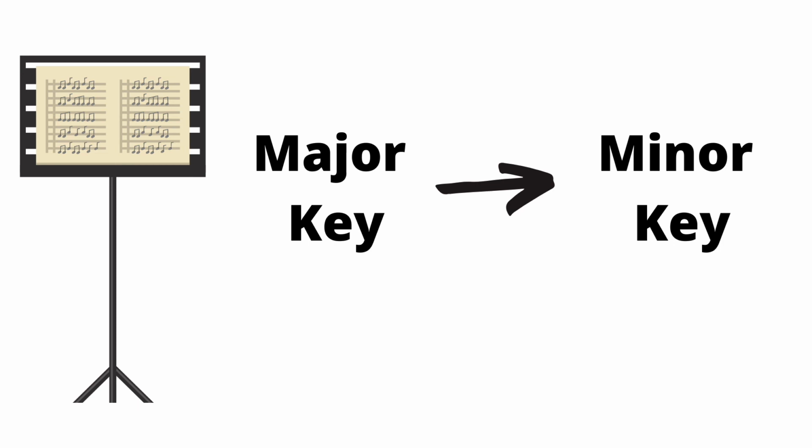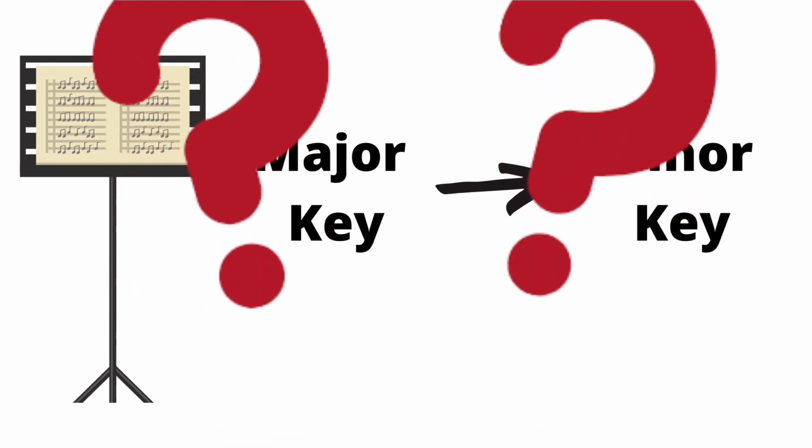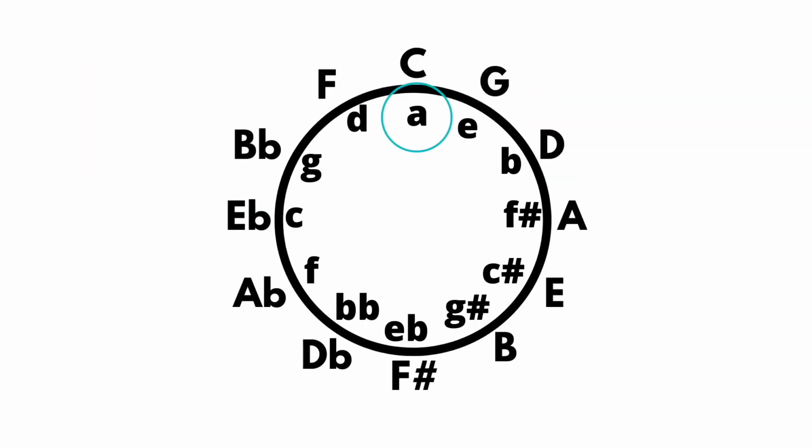So this can be especially useful if you're writing a song and you would like to shift your song from a major key to a minor key or vice versa. And you're trying to find a key that is closely related to whatever key you're in originally. So for example, maybe your song is in A minor and you would like to shift to a major sounding key.